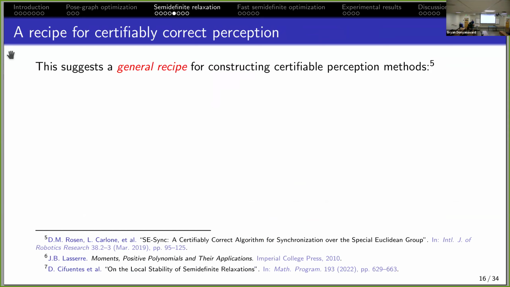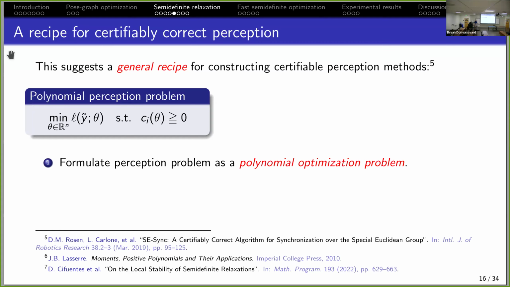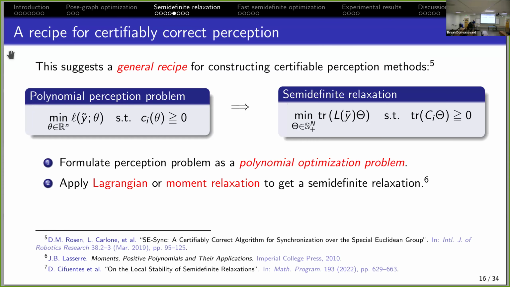Okay, so overall then, bearing all that in mind, this suggests a fairly direct general recipe for constructing trustworthy machine perception algorithms. I'll give it to you. It's just 3 easy steps. Step 1 is write down your estimation problem as a polynomial optimization problem. Step 2 is apply some kind of convex relaxation, could be Lagrangian, could be moment relaxation, to produce a relaxation of your original problem in the form of, in our case, usually an SDP.